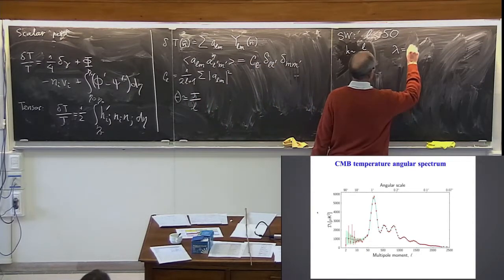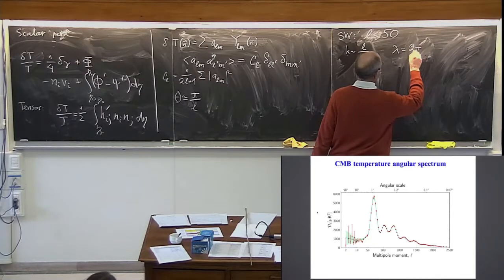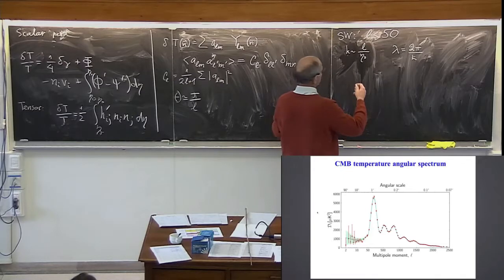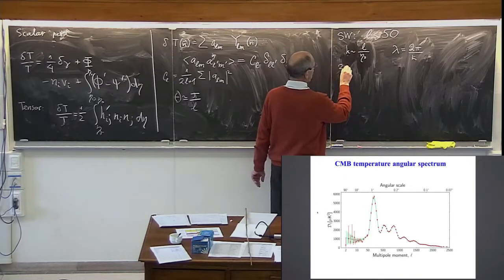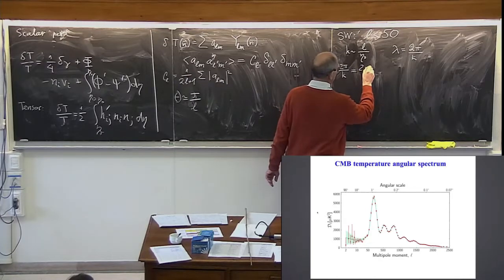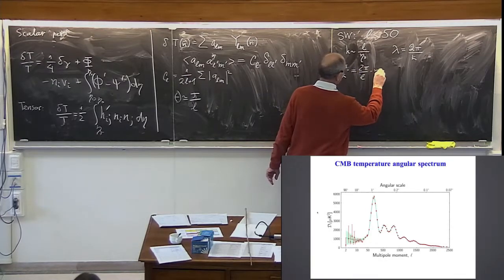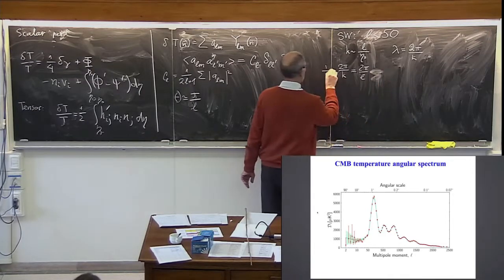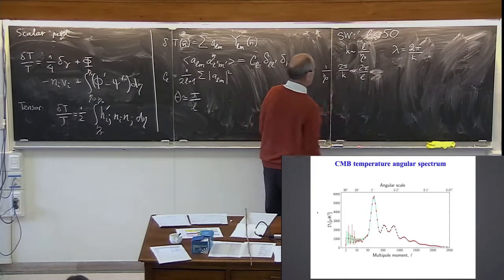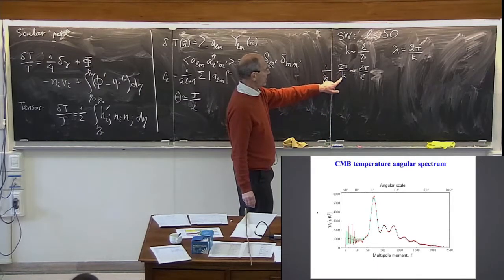Lambda is 2 pi over K. Let me make it inverse. So 2 pi over K is 2 pi over L times eta naught, 1 over eta naught. Approximate relation here. Now, this is the wavelength.